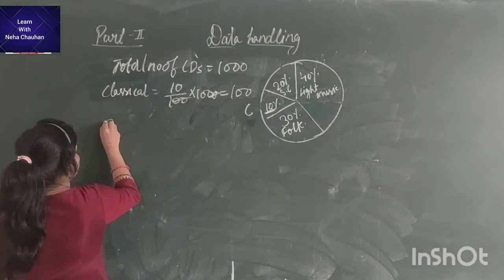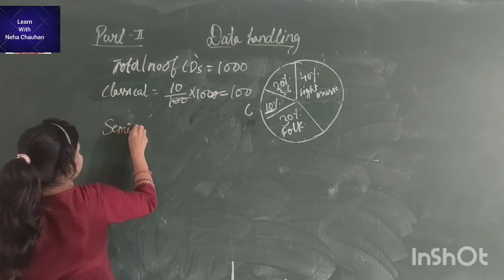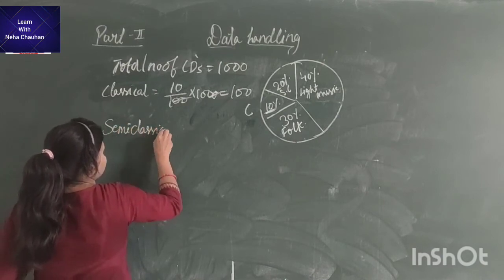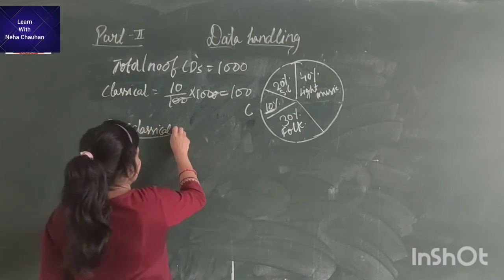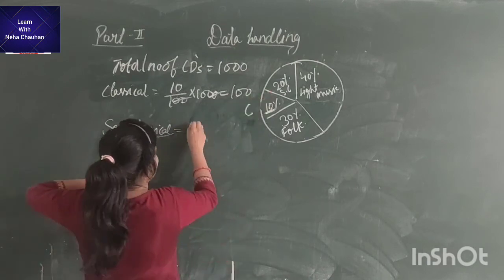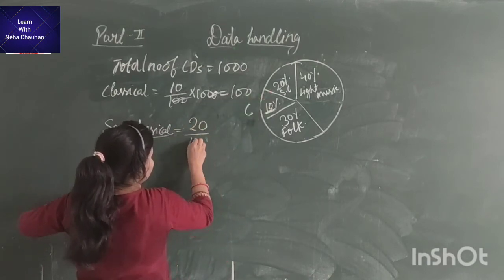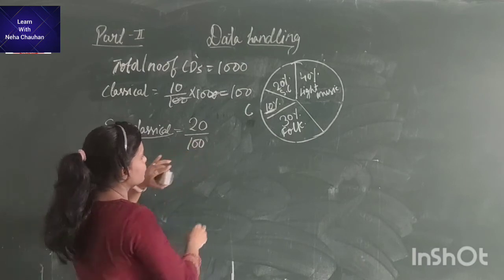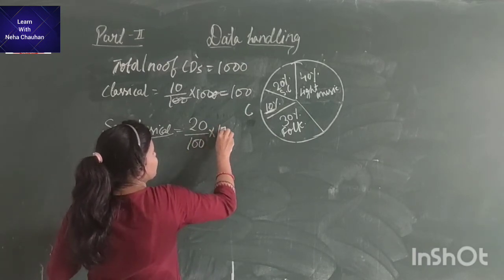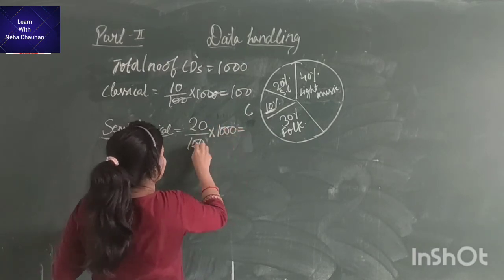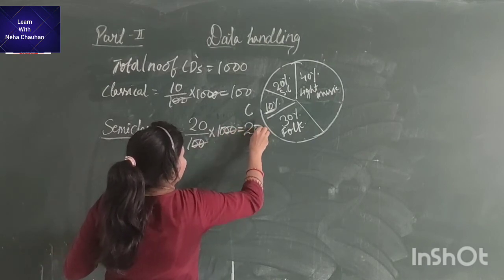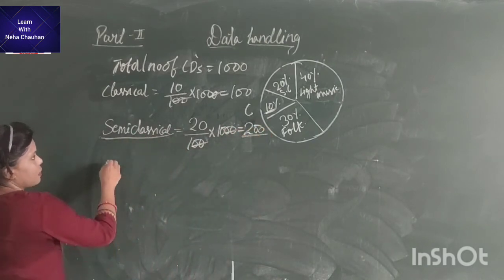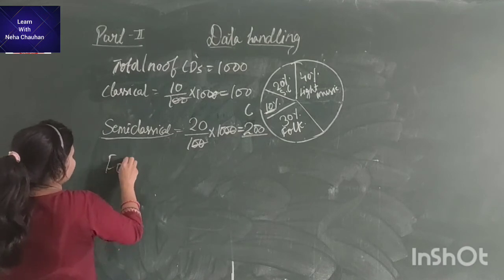Next is semi-classical. This is 20%. To remove the percent, I will write 20 divided by 100 multiplied by 1000. On solving, we will get 200. So 200 CDs will be of semi-classical. Let's take folk music.